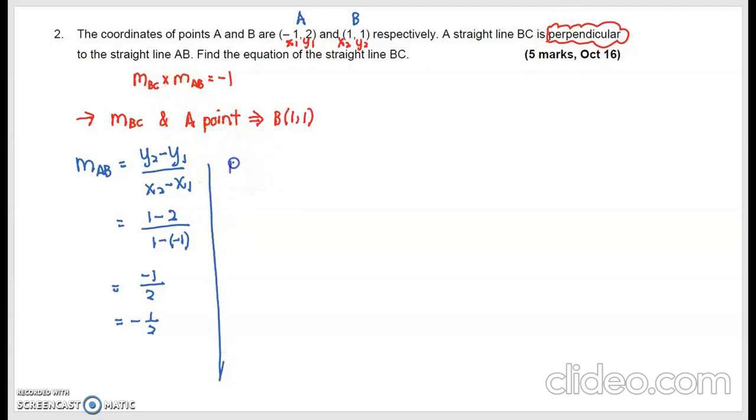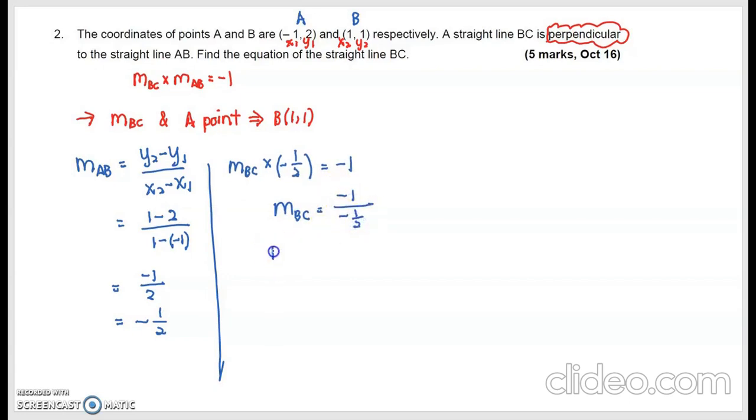So m BC, the gradient of BC, multiply with the gradient of AB, which is negative 1 over 2, is equals to negative 1. So the gradient of BC will be negative 1 divided by negative 1 over 2.